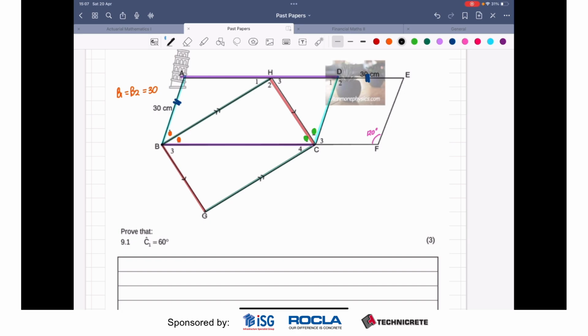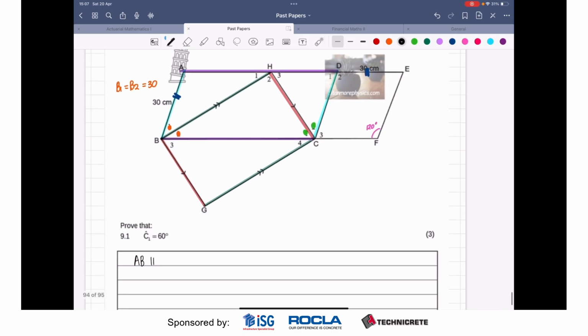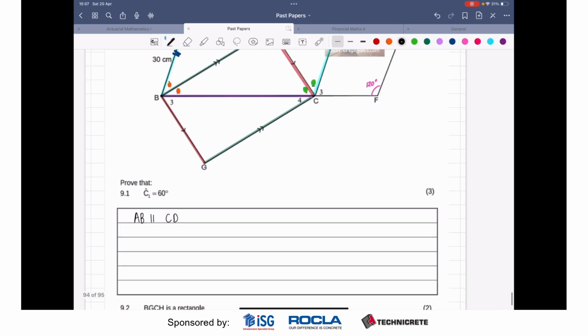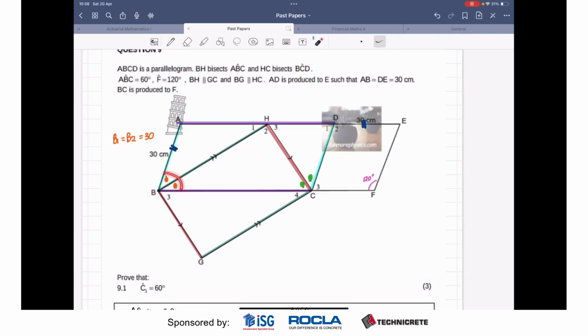So I'm first going to say that those lines are parallel. And that's from parallelogram ABCD. Then I was given that this angle is 60 degrees, so I know that this angle is 180 minus 60, which is 120 because of co-interior angles.